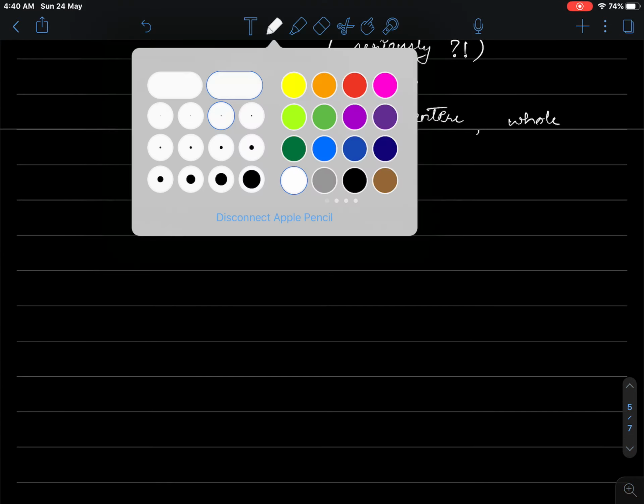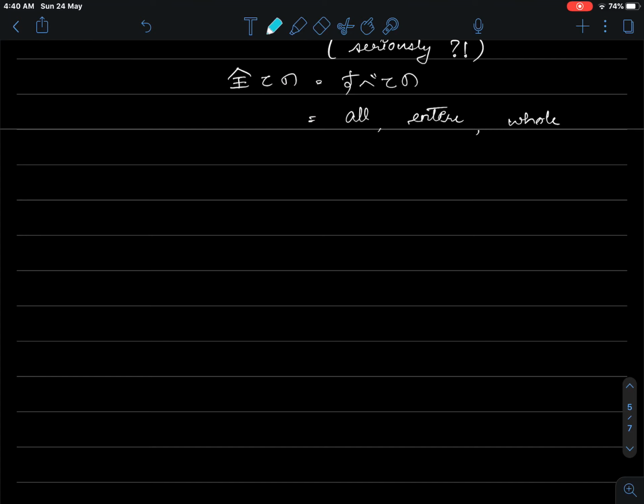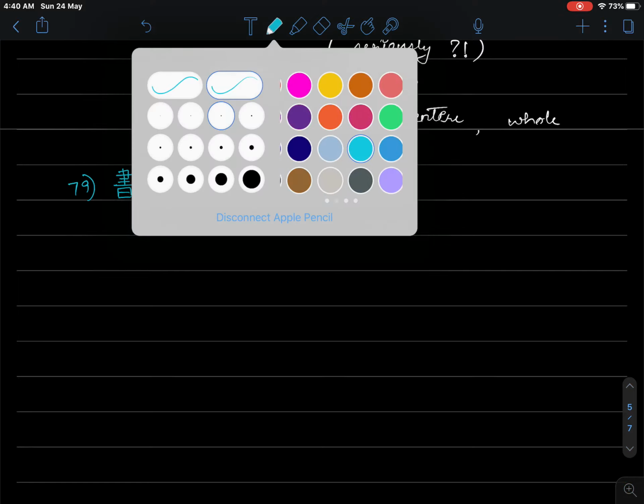Now let's have a look at the next kanji, and this kanji can be a little bit of a pain to write, but let's try and write it anyway. And it's a pain to write, and it's interesting what the kanji means. I'm pretty sure you'll understand what I'm trying to say once I show you the kanji and the meaning. So let's have a look. Okay, that's that kanji. And let's see how we can remember this.